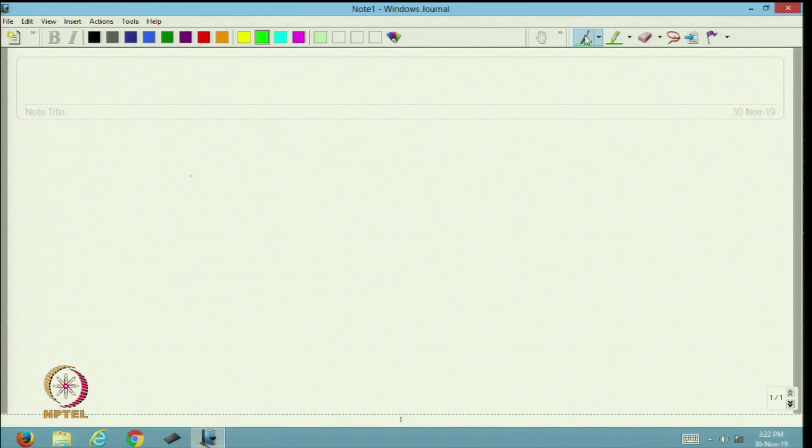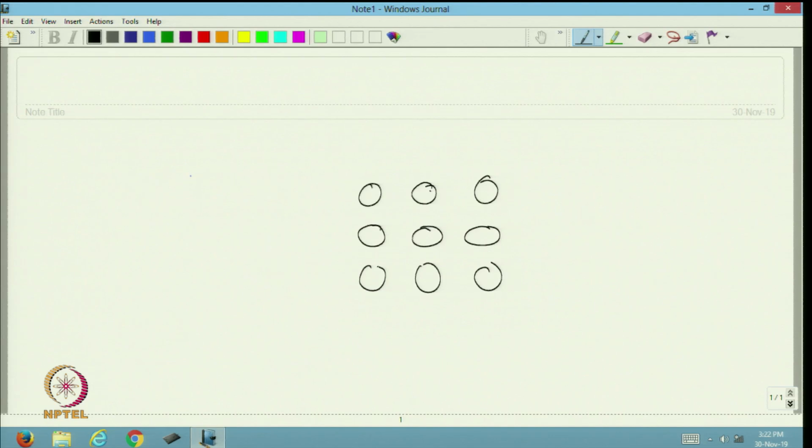Now, let us see here, suppose I am drawing fibers here, 1, 2, 3 fibers. Now, suppose we are applying load in this direction. This is the direction of load, these are the fibers, and I am drawing matrix in purple color, these are the matrix in between them.